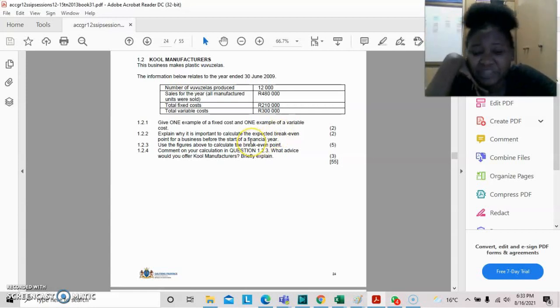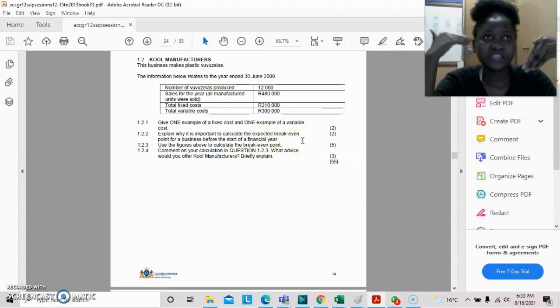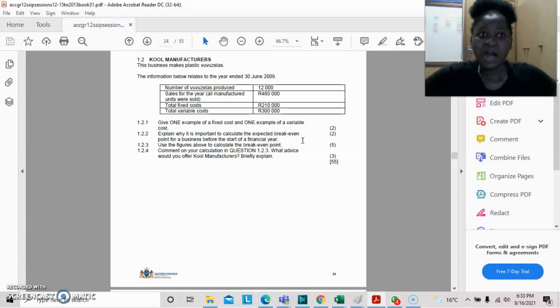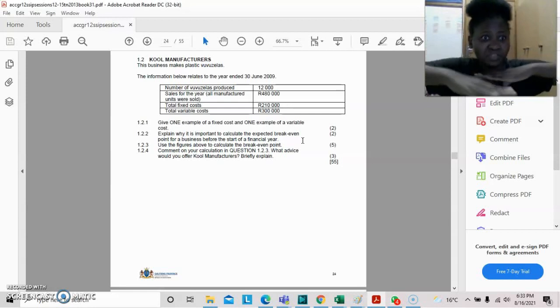And then here they say explain why it is important to calculate the expected break even. So expected break even we calculate because it assists us as a business to know how much we are supposed to buy or produce and sell for us to be able to cover all the important costs in the business, cover all the costs. You get it?